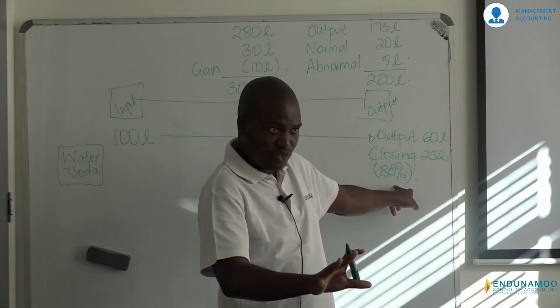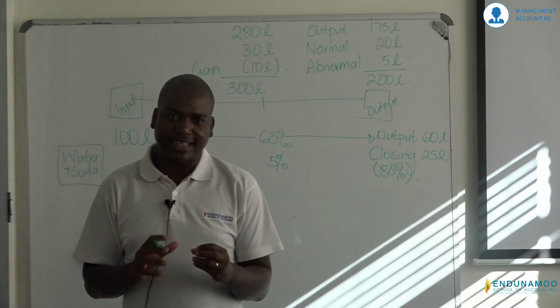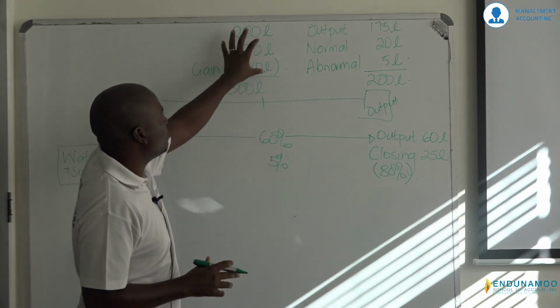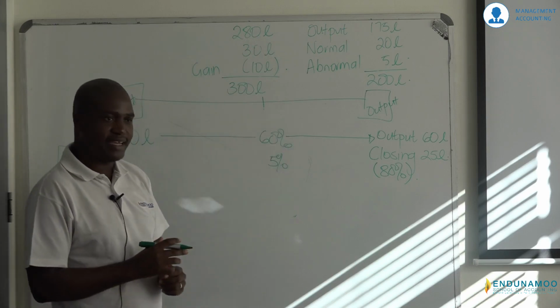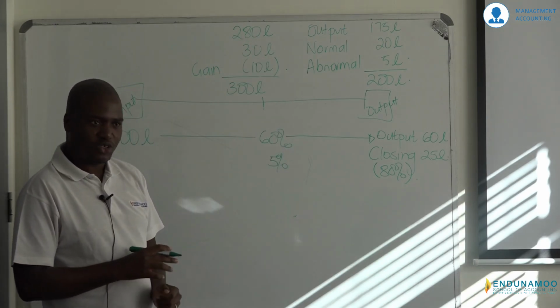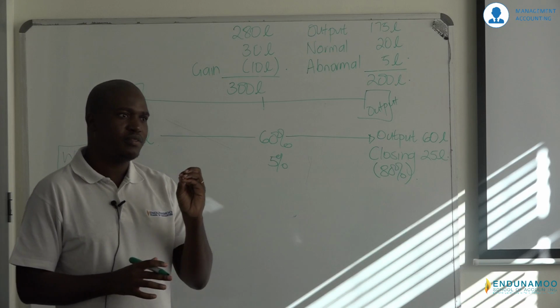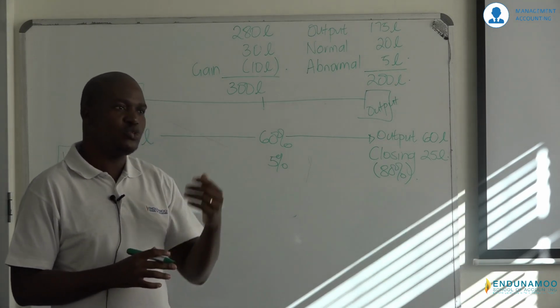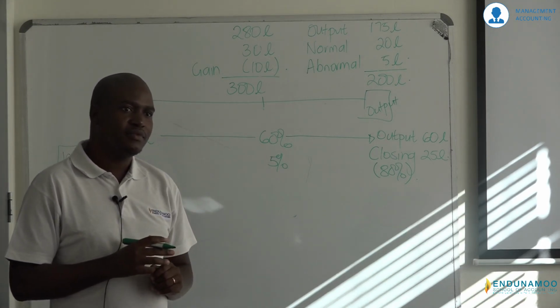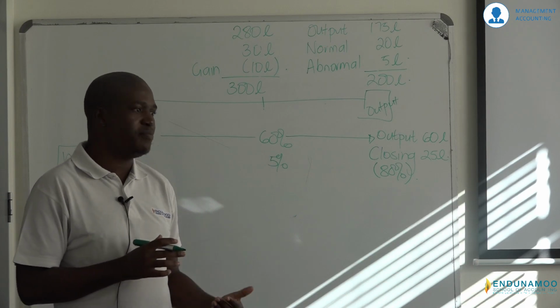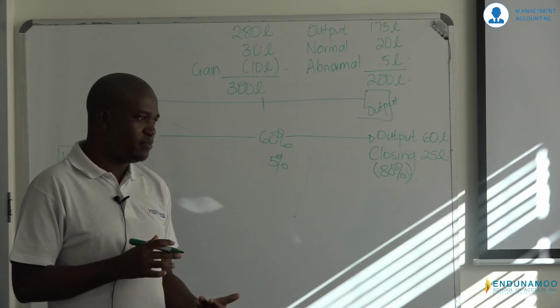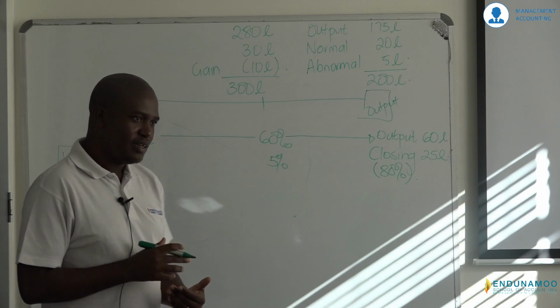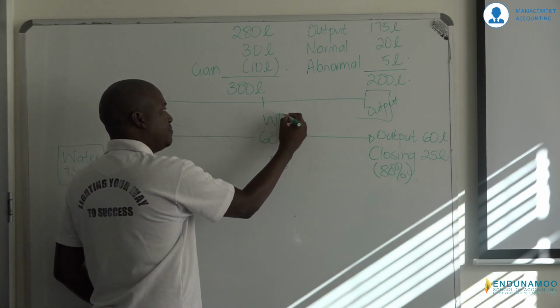Do you understand so far? So now let's do the same thing that we did for this picture right here. The 60% is where we do the inspection. So we do the inspection, they call it the completion point. Not the completion point, the wastage point, in other words. Are we all clear with the facts?